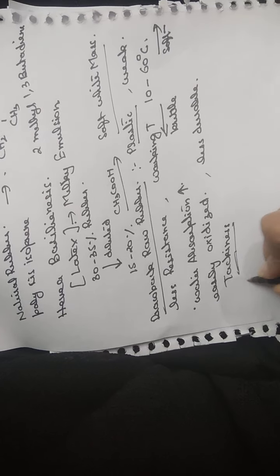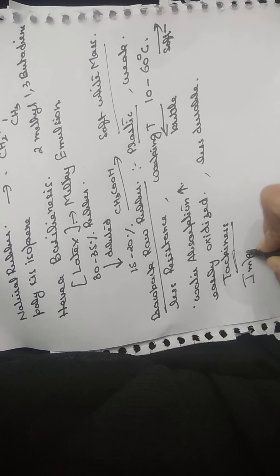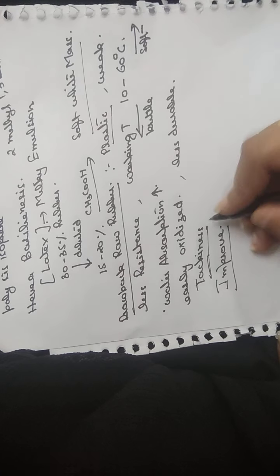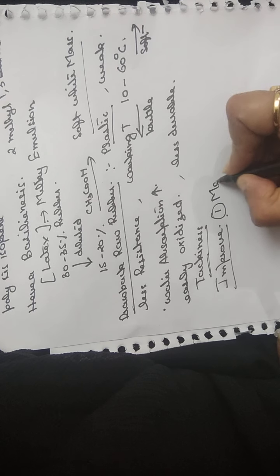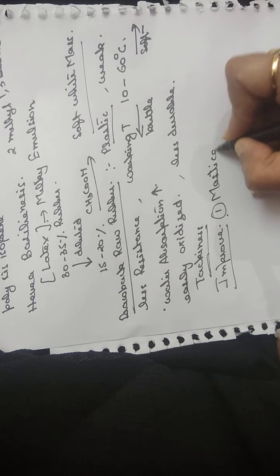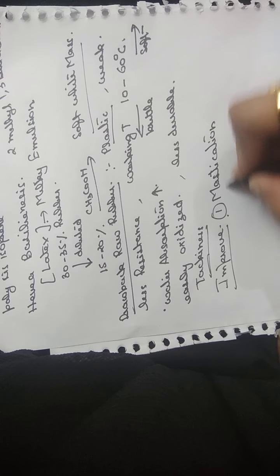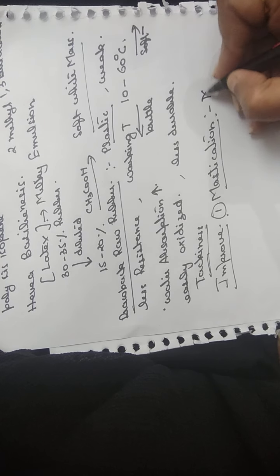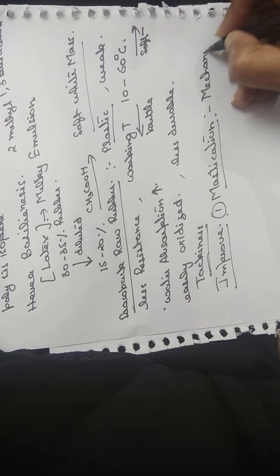Now these properties can be improved. To improve the properties of raw rubber, we have processes. The first process is mastication. In mastication, we apply mechanical stress.